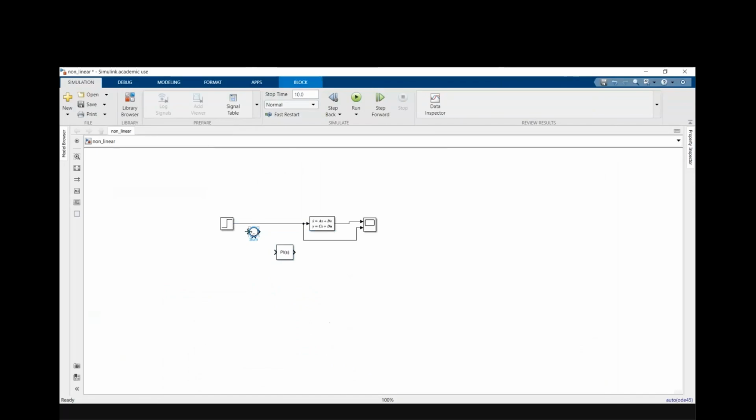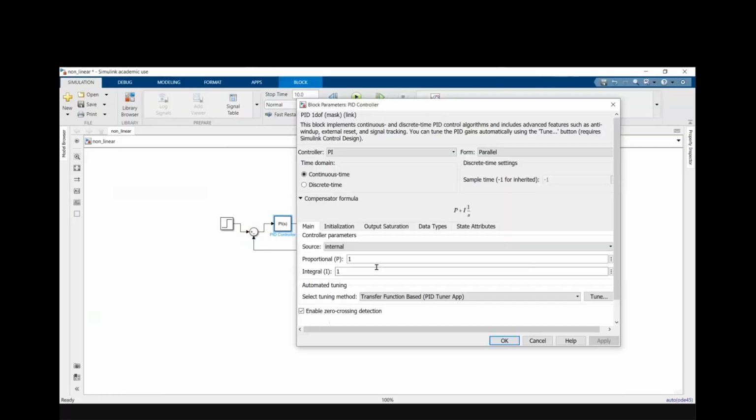Connect this. Connect it here. And I need my output to be connected here. Then you can tune these values. Actually, now you may not get the tuning properly.